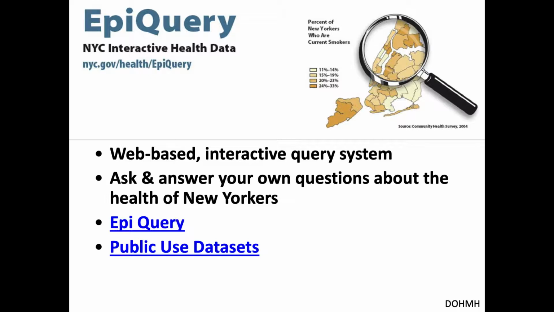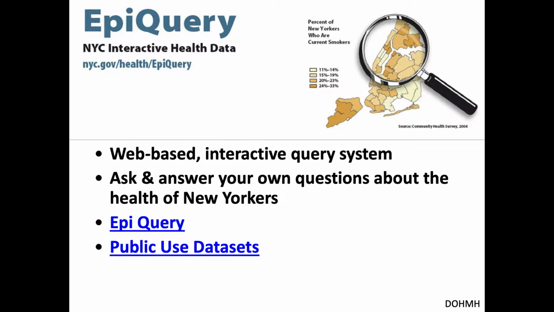In New York City, we have EpiQuery, which is a web-based interactive query system. You can look at different health indicators from the Community Health Survey, for example, look at how they're different by neighborhood, look at how they're different by race group. And in addition, there are publicly used data sets.